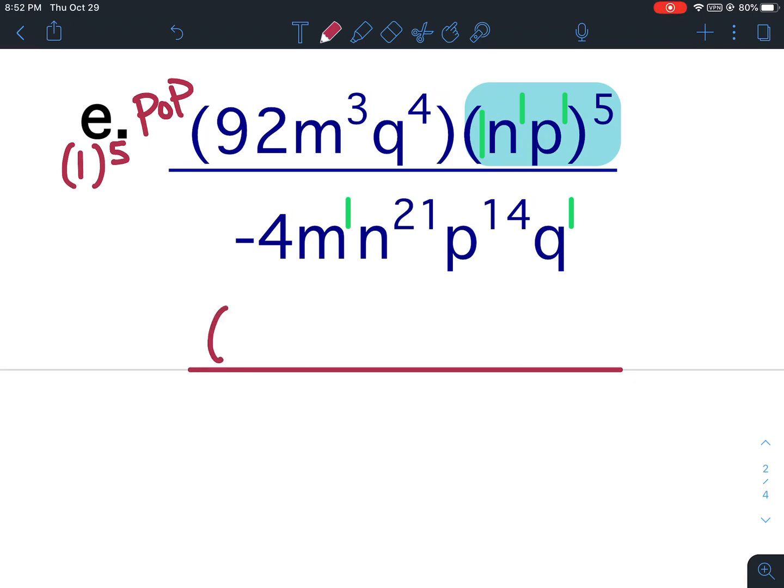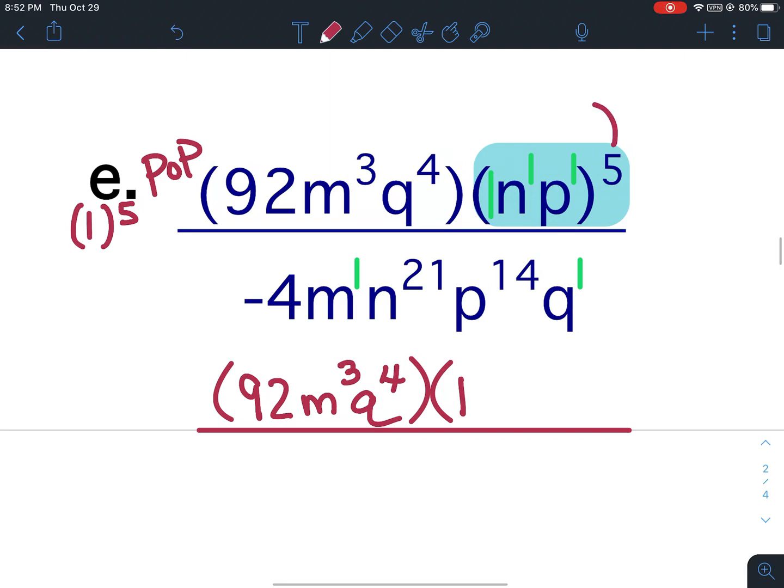So I'm still going to have 92 m to the 3rd q to the 4th times, well, 1 to the 5th power is 1, and now I multiply my exponents. 1 times 5 is n to the 5th.